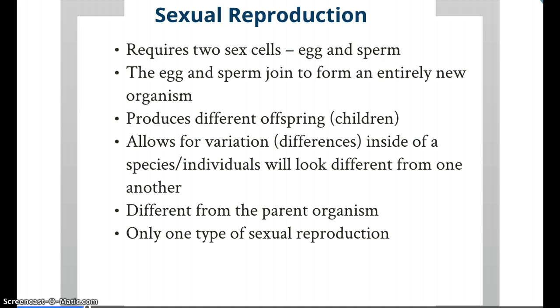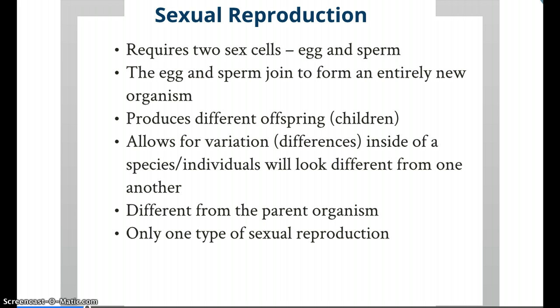Therefore, we all look different because of the variation from our parents. Same thing with dogs or cats or even giraffes. They will all look different. Even though they might sort of look the same at first, they actually are different.